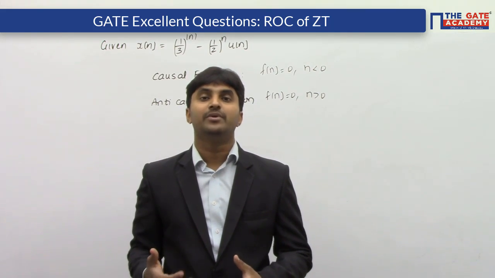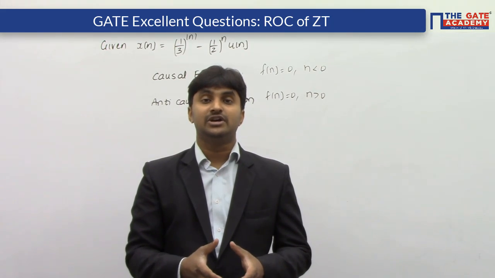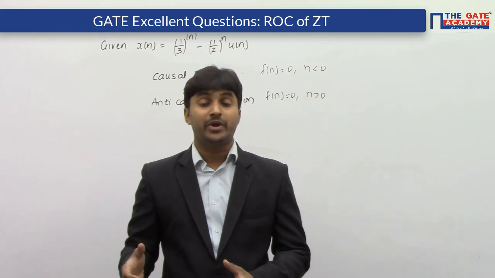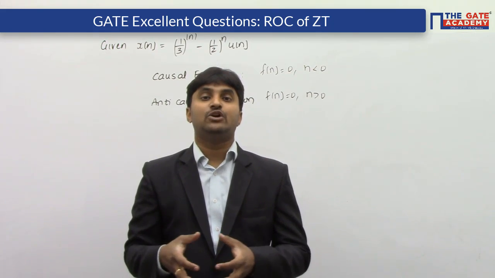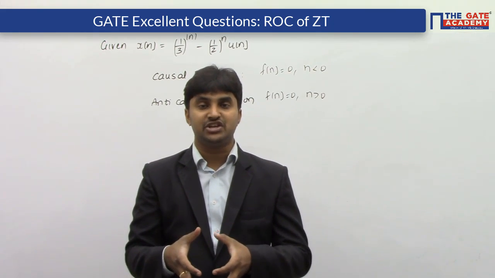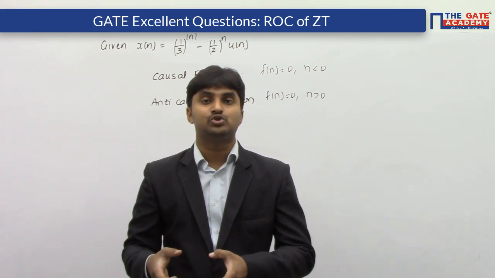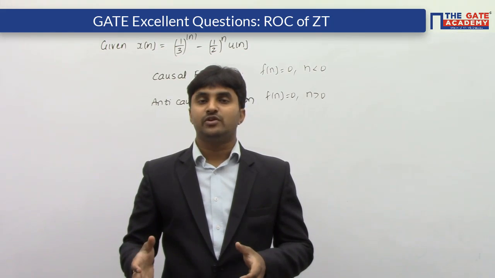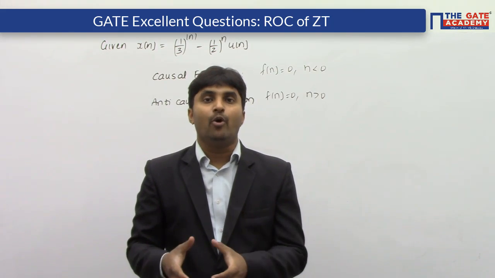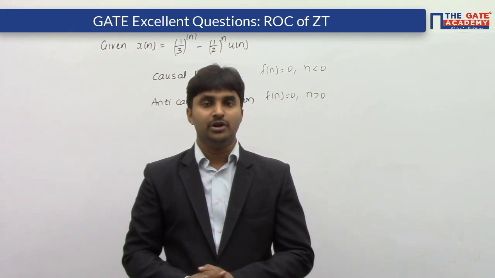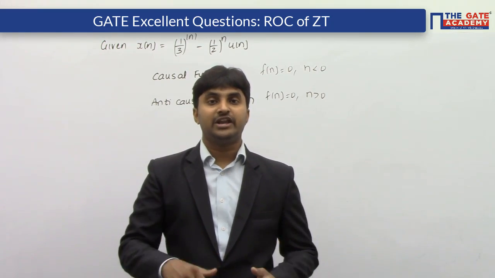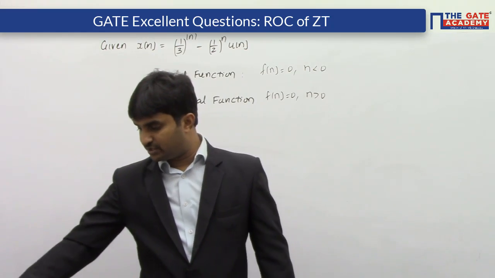Similarly, when you have a combination of anti-causal functions which are linearly operated, the ROC is going to be inwards, because for anti-causal functions the ROC is always inwards in nature, bounded by the innermost of the poles. Causal functions are bounded by the outermost of the poles. In the case of anti-causal functions, it is bounded by the innermost of the poles. In the case of causal, ROC is outwards in nature. In the case of anti-causal, ROC is inwards in nature.